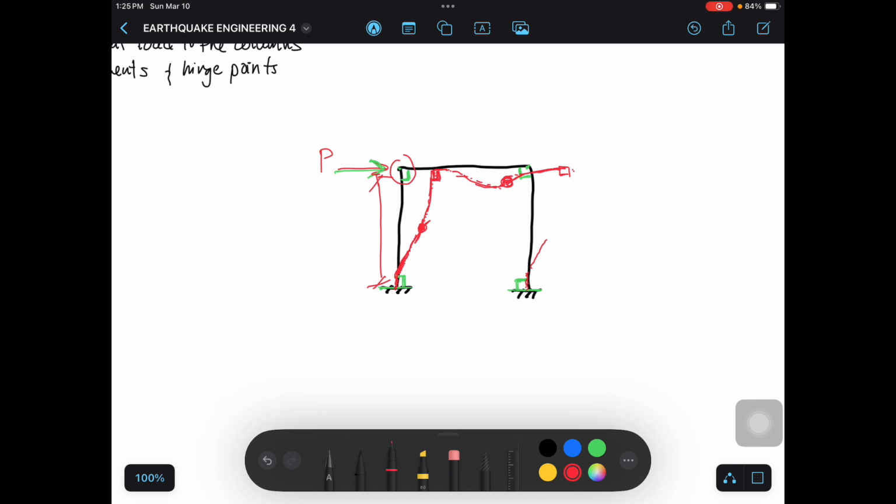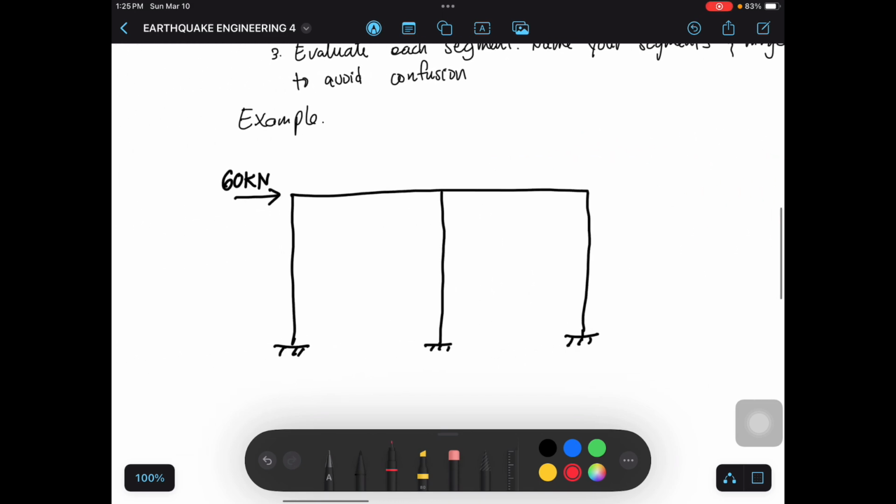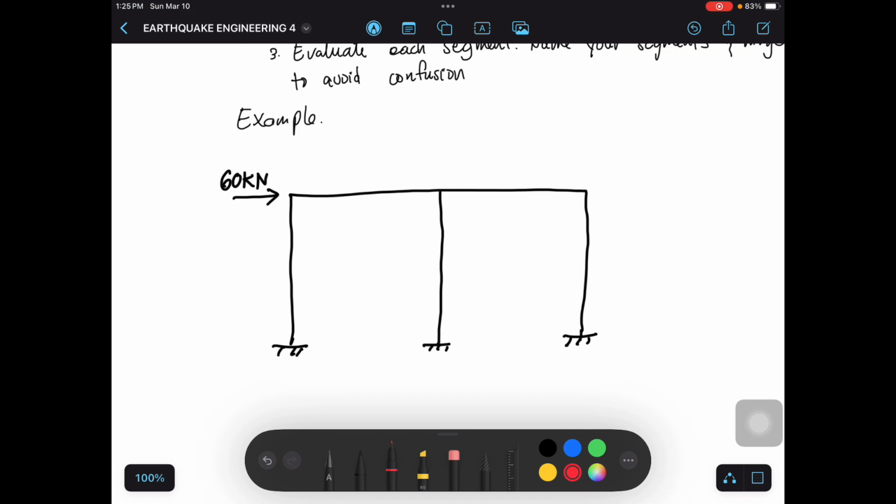So, for frames, we can conclude na ang point of inflections ng frames are located sa midpoint ng mga member, yung midpoint ng column and beam. So, kung dito, let's apply that. Ang mga point of inflection are yung midpoint ng columns and beams.